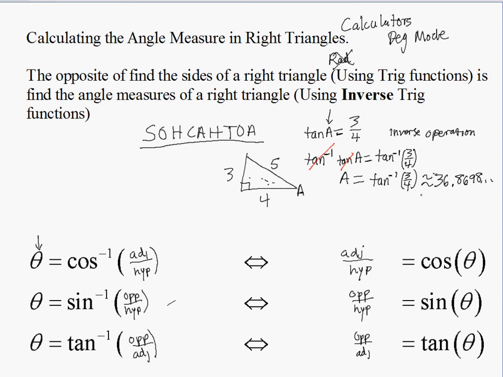So the angle measure is approximately, remember I wanted you to round to tenths, 36.9 degrees. I'm finding the angle measure, so the measure of angle A is approximately 36.9.